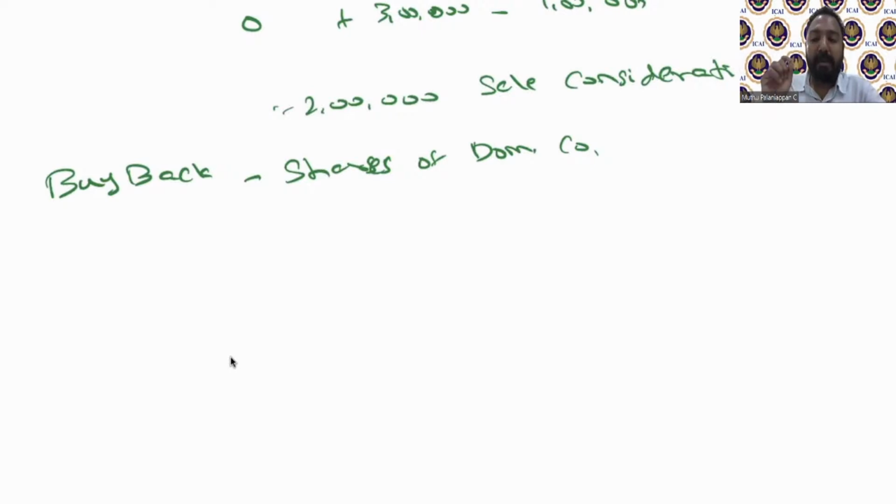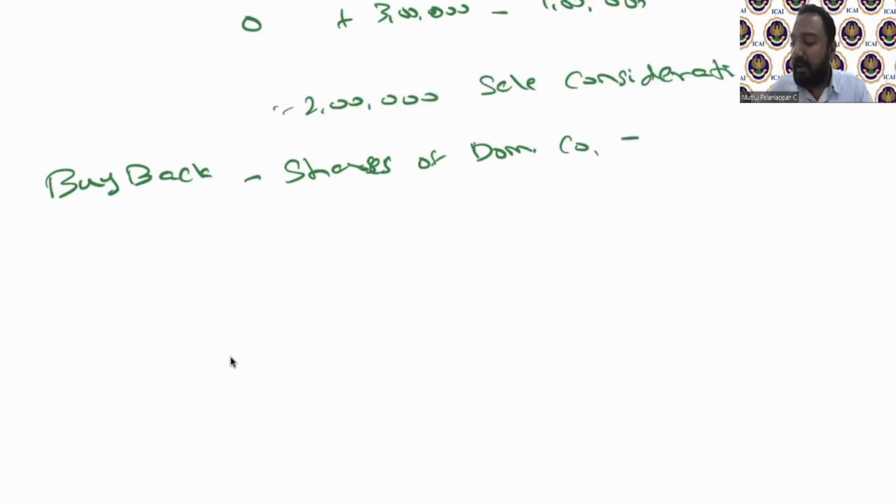The domestic company also includes a foreign company in India that is declaring dividend, but typically we'll leave that aside.